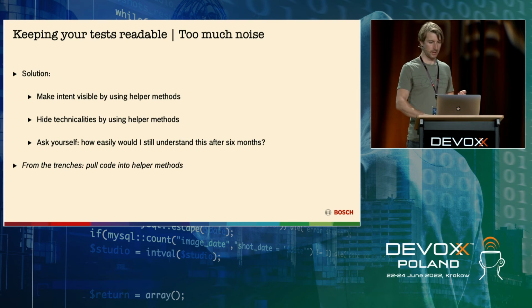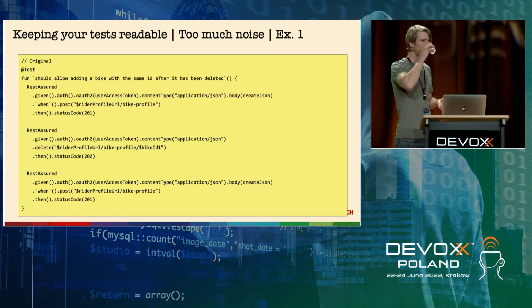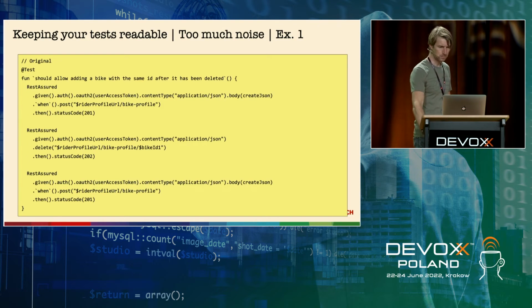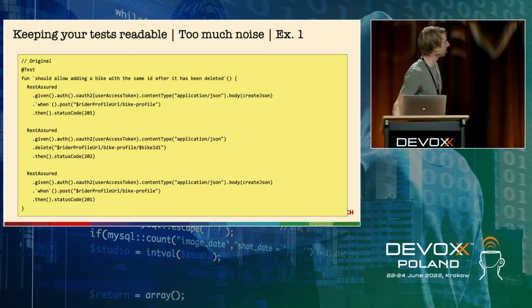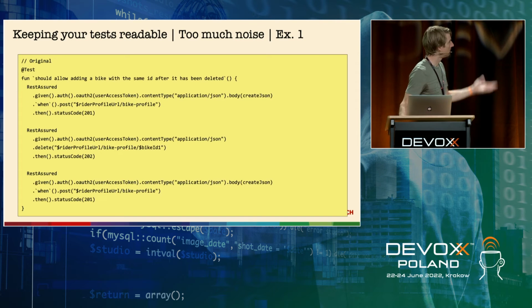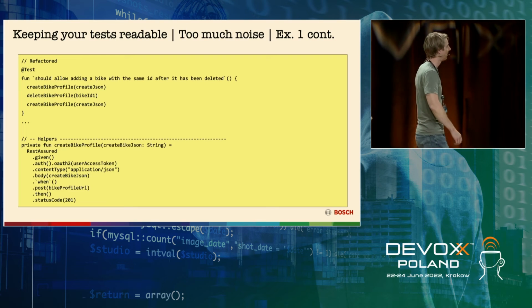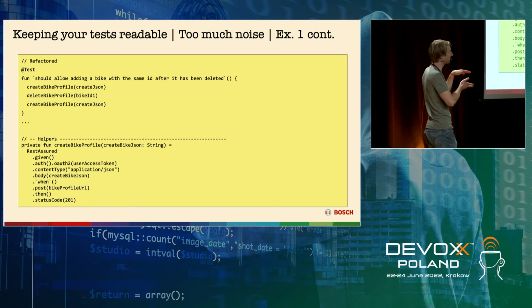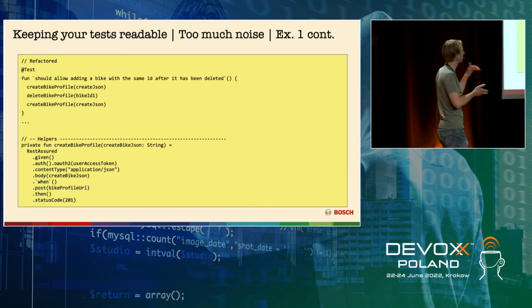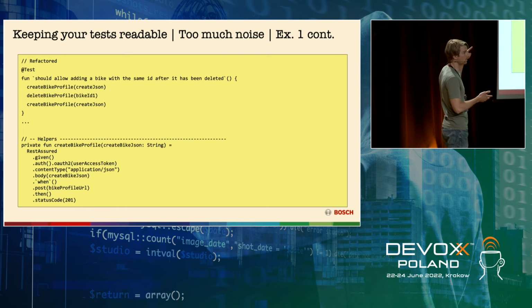Okay, again, an example from our project. We've just seen that. Rest assured, probably everybody is familiar with it. But you can also have it quite nice and simple, right? If we put these rest assured calls into helper methods and we have this method on top, we see right away what's happening.